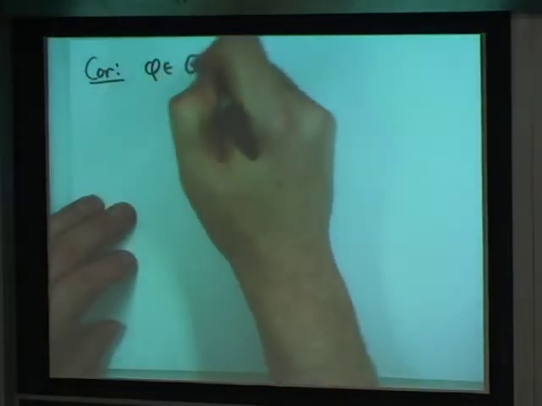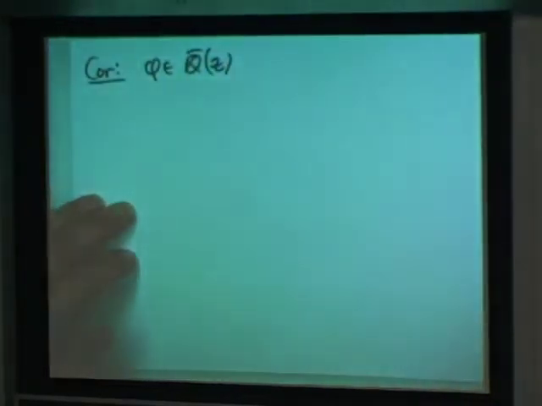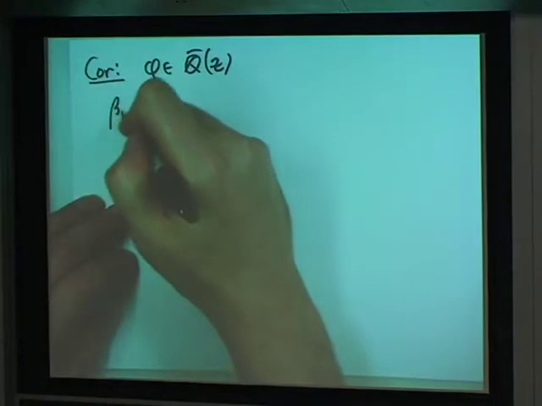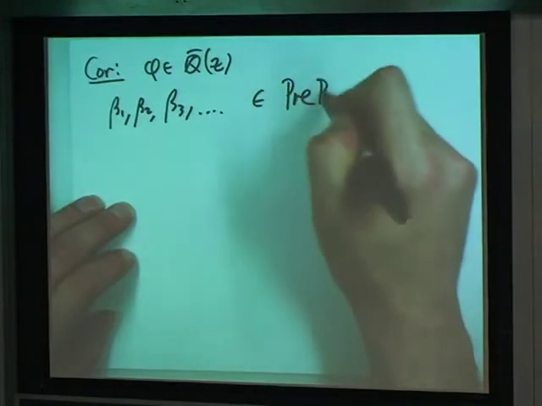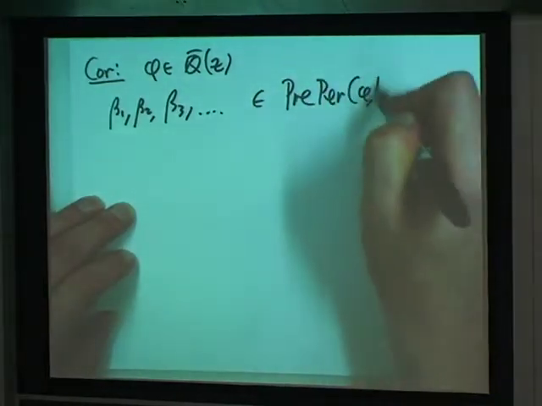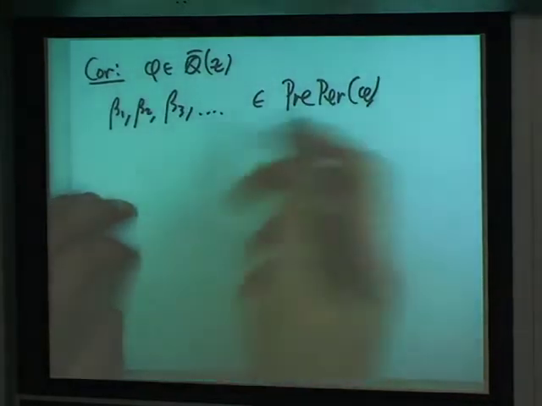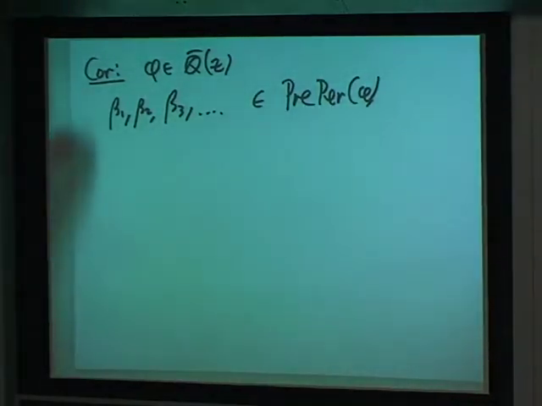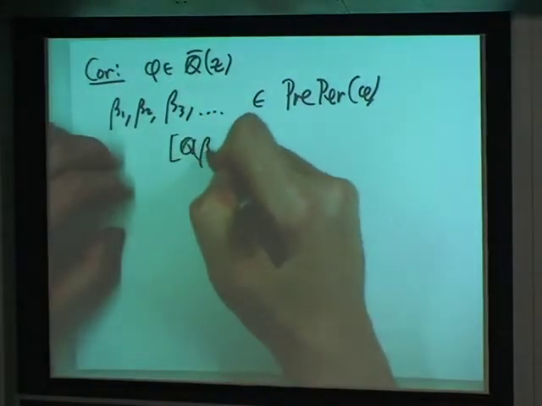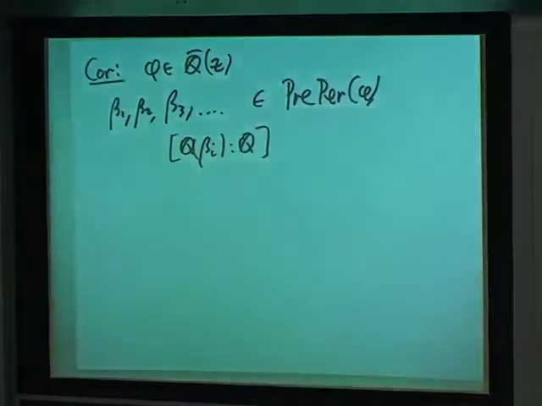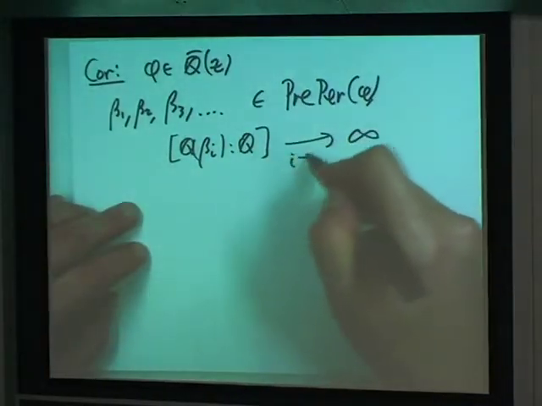One immediate corollary of this, which is really not at all obvious, is if you take a rational function of degree at least 2, and if you take a list, say beta 1, beta 2, beta 3, of pre-periodic points, okay, distinct pre-periodic points, then the field of definition of these points has to go to infinity as i goes to infinity.